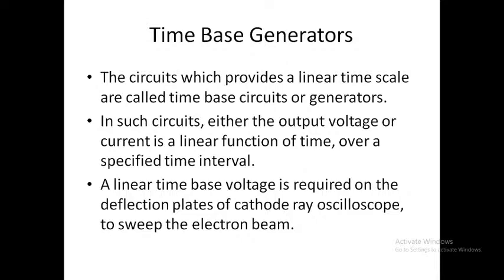So meaning what? Linear function of time means what? Output voltage or current is changing, either increasing or decreasing, as a linear function of time. Means what? If the voltage or current is increasing, then as the time increases, the current or voltage increases constantly, or if it is decreasing, then as the time increases, the voltage or current will decrease in a proportionate manner with respect to time.